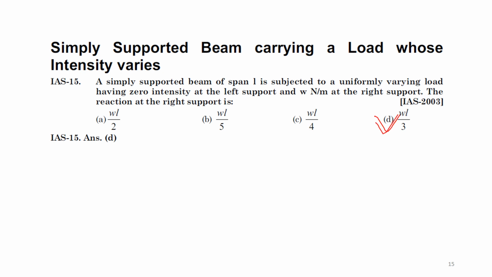You just draw the loading, and equate the load with the reactions. Since it is simply supported, there will be two reactions R1 and R2. Write one equation by equating load, then take a moment at one point and simplify. Then you will get the supports. One of the supports will be WL by 3. So the answer is D.